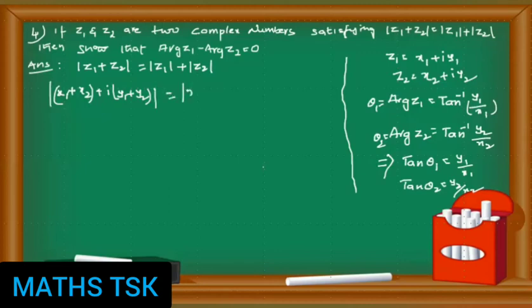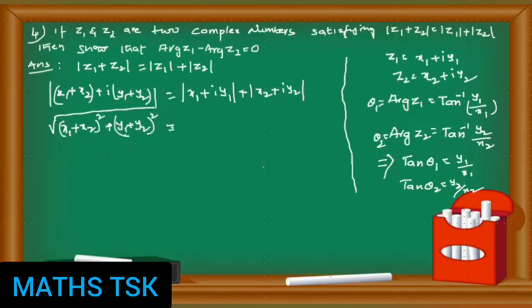This is equal to modulus of x1 plus iy1 plus modulus of x2 plus iy2. There is a root of x1 plus x2 whole square plus y1 plus y2 whole square equal to root of x1 square plus y1 square plus root of x2 square plus y2 square.